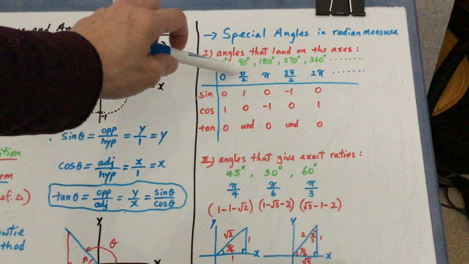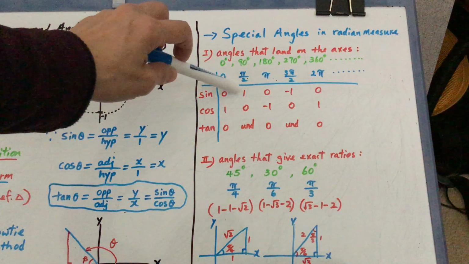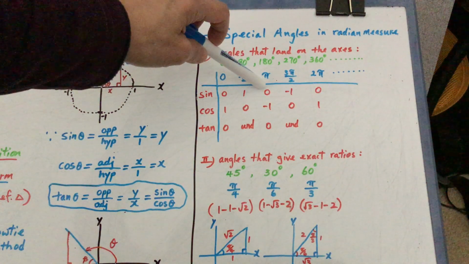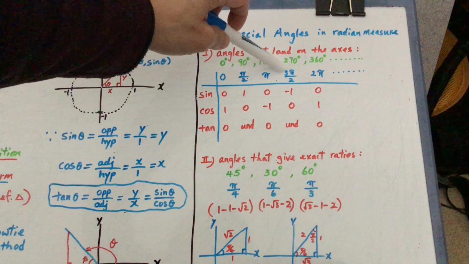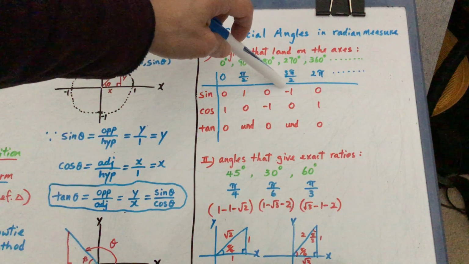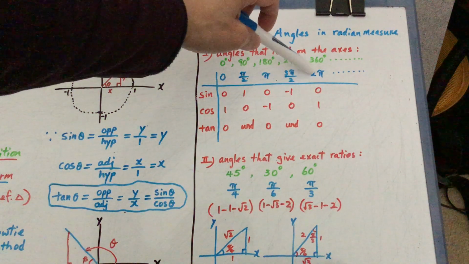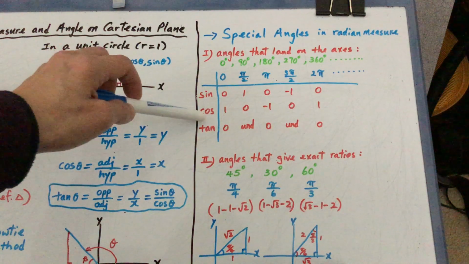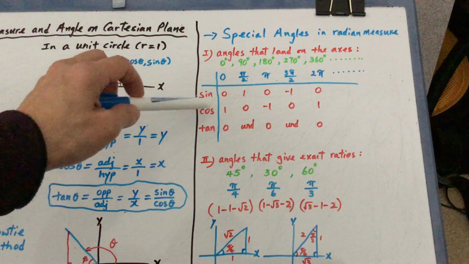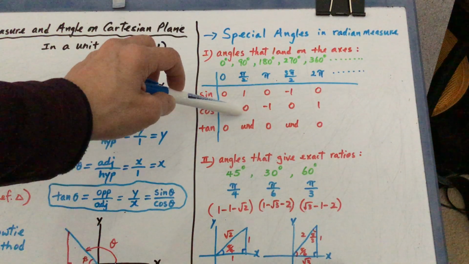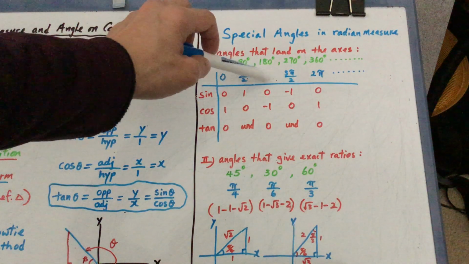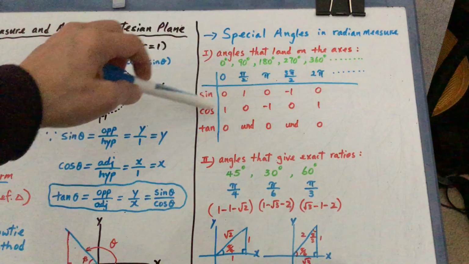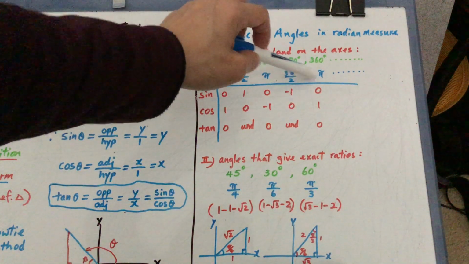A sine of 90, we know that is equal to 1, and a sine of 180 is 0, and a sine of 270 is going to be negative 1, and a sine of 360, 2 pi, will be 0. And cos 0 will give you a 1, cos 90 will give you a 0, cos 180 will give you a negative 1, and cos 270 will give you a 0, and cos 360 will give you a 1.